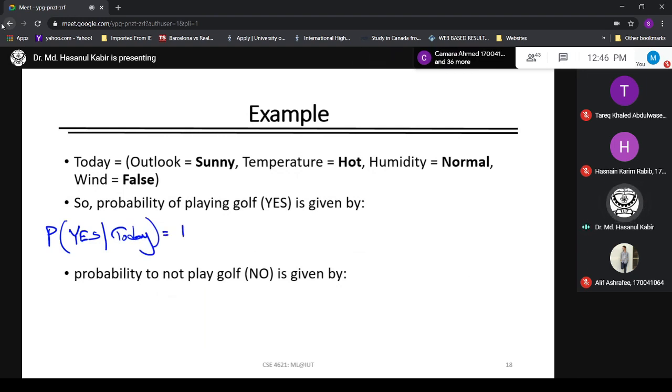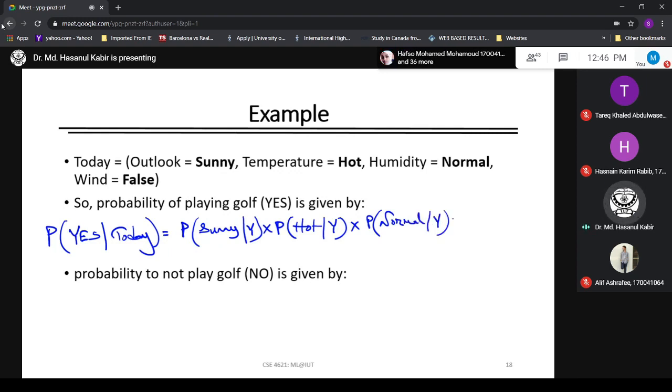I have to compute the probability of being sunny given yes, times, if I just don't do this log operation here, the probability of the temperature being hot given that I played, times the probability of the humidity being normal given I played golf, times the probability of the wind being false given I played, multiplied by the probability of I played, right? Yes or no?